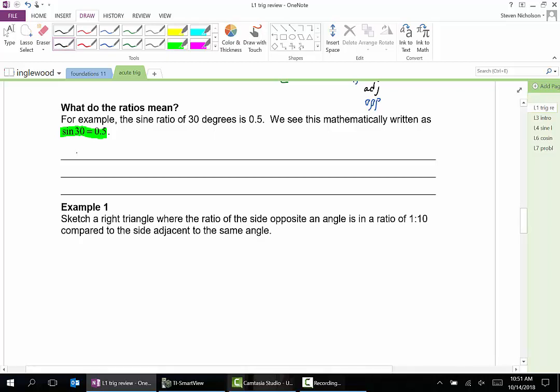Given that the sine ratio is the ratio of opposite to hypotenuse, what that 0.5 really tells us is the side opposite to our 30-degree angle is 0.5 times bigger than the hypotenuse.